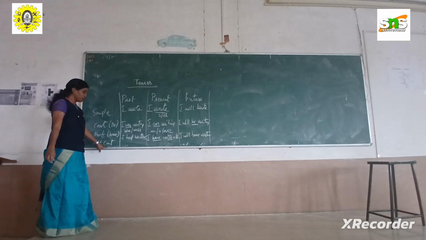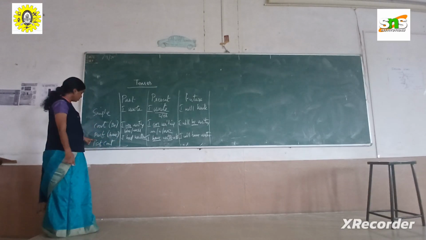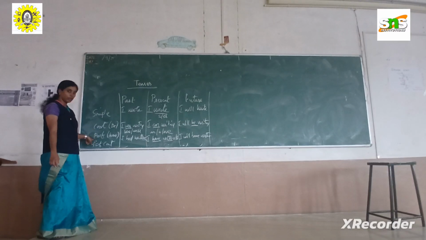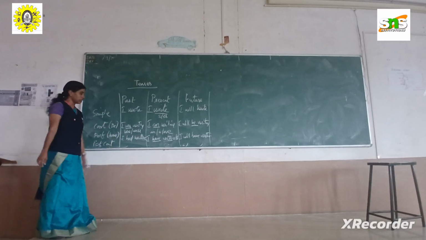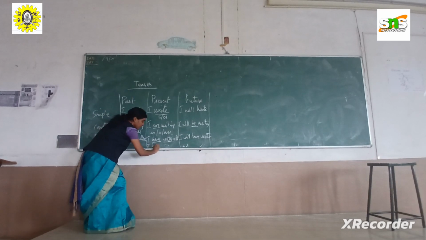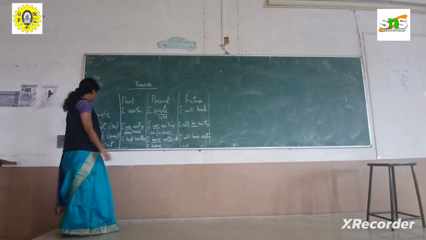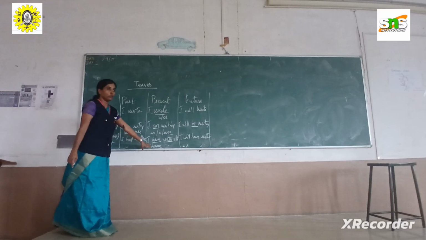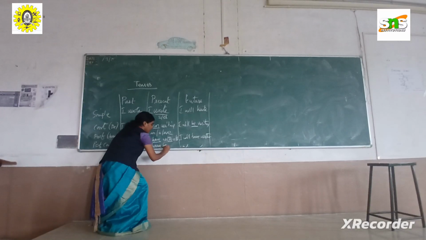So what will be the perfect continuous structure? The perfect continuous structure will be like the continuous and perfect tense rules together. So the present perfect continuous will be like I have. So what is the rule of continuous? We are supposed to use be verb. So here we are using be. I have been.